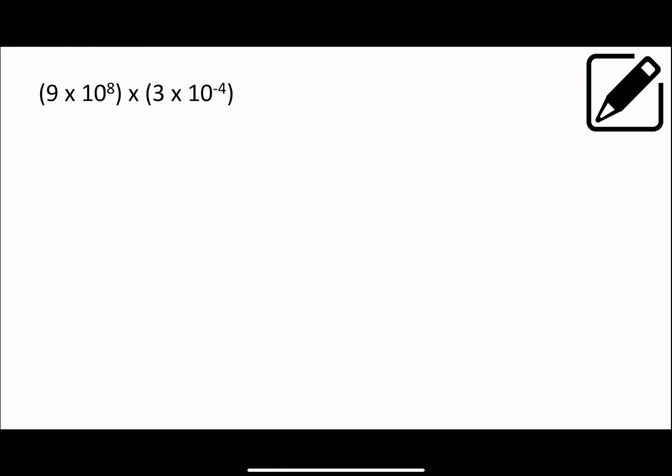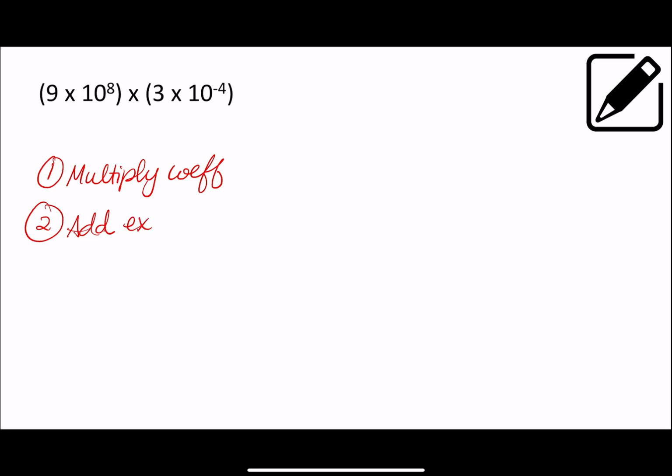Okay, here's another one with a negative kind of squished in there. Same thing. First step is multiply coefficients and then add exponents. So multiply 9 times 3 is 27, times 10 to the, and then you're going to add these.